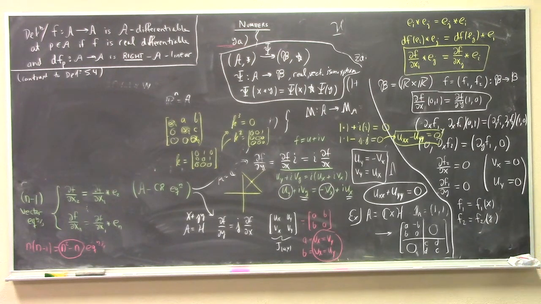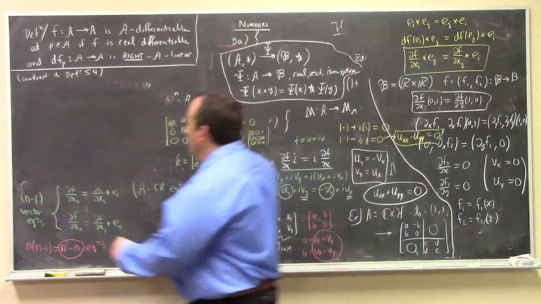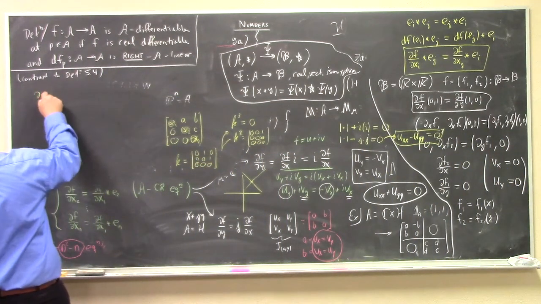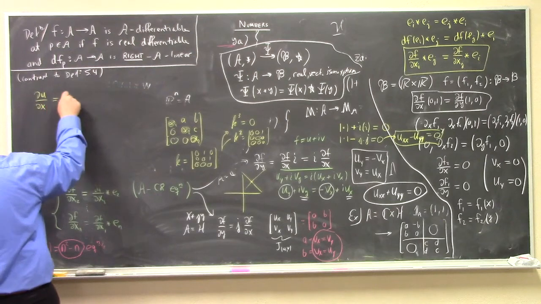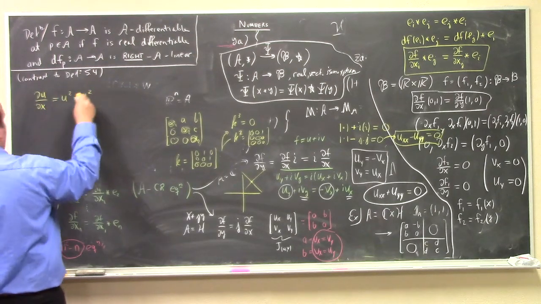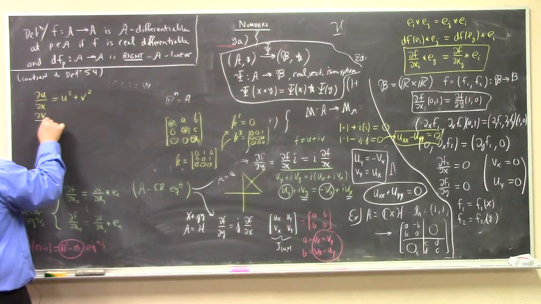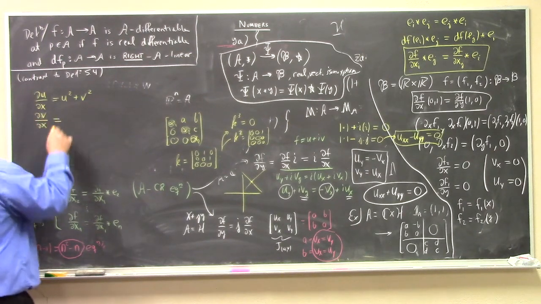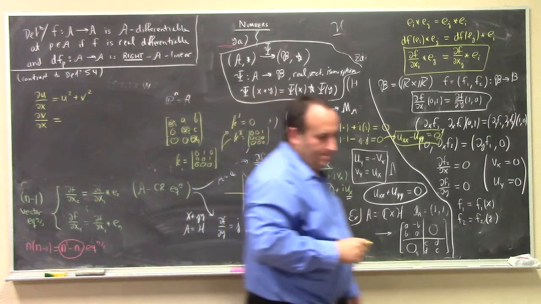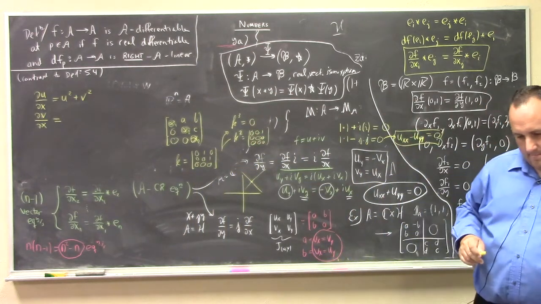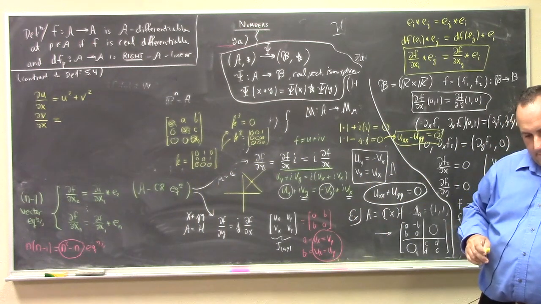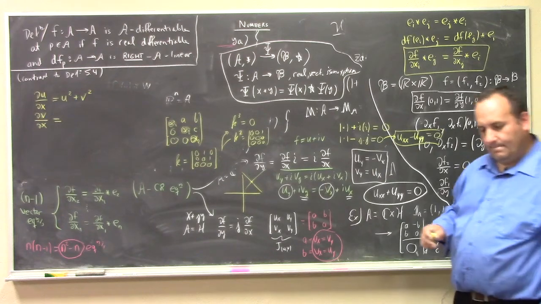So suppose you had partial u partial x was u squared plus v squared, and partial v partial x was 2uv.